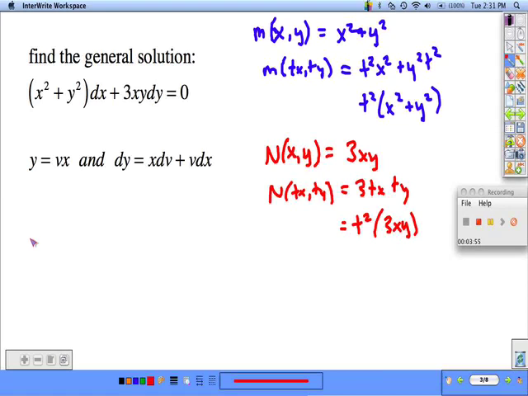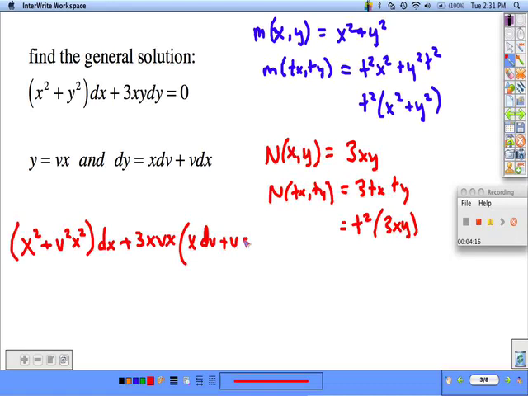So we're going to have x squared plus v squared x squared, that's y squared, times dx, plus 3x times vx times x dv plus v dx equals 0.